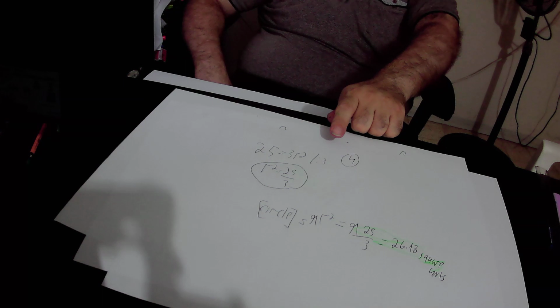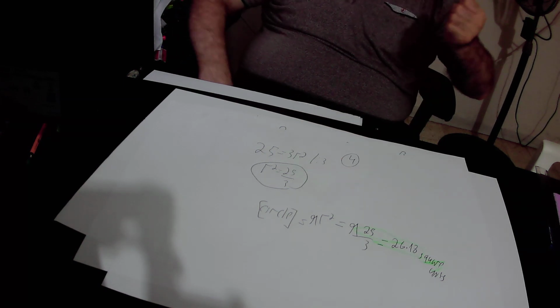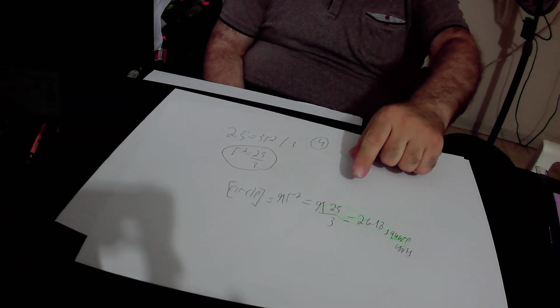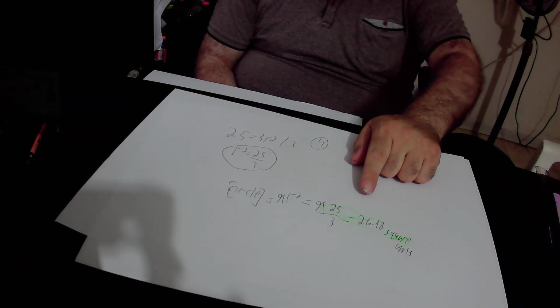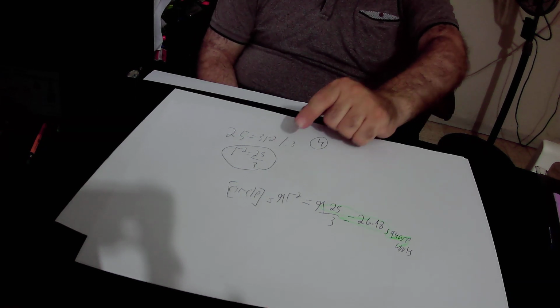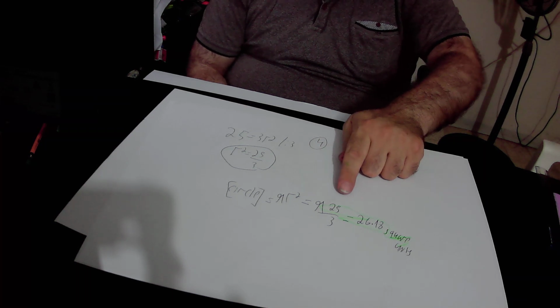And we know that the area of any circle is equal to pi R squared. So the area of this circle will be pi times R squared. We already found that R squared equals 25 over 3, so we substitute R squared by 25 over 3.